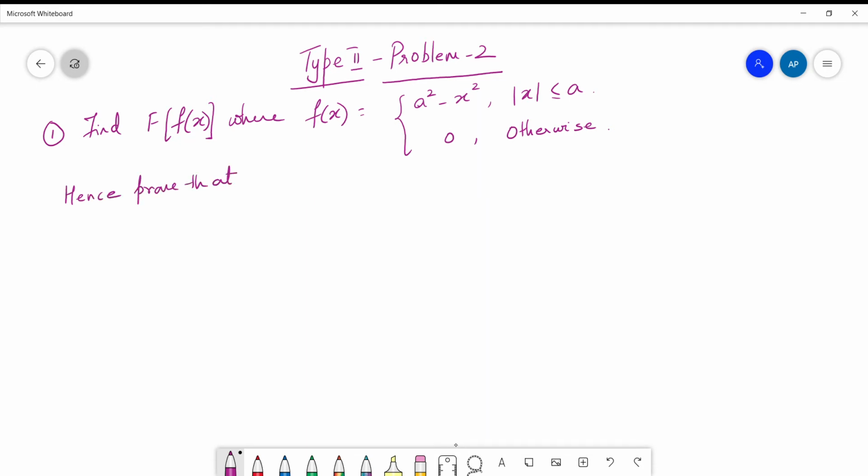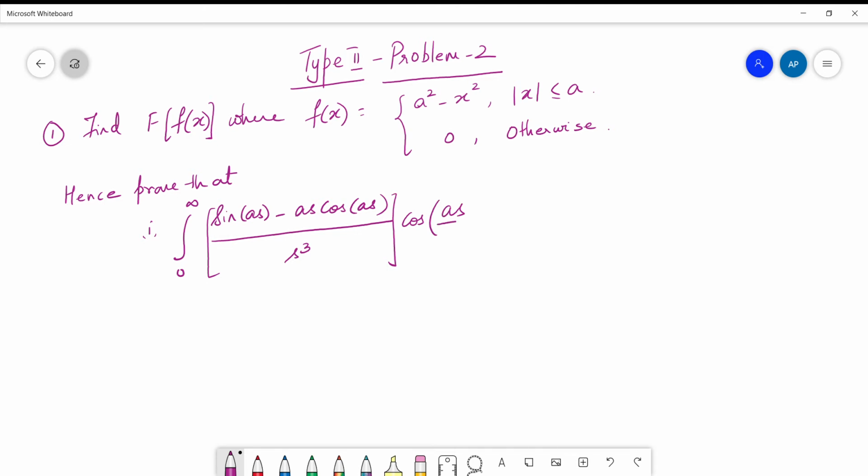Hence prove that number 1, integral 0 to infinity (sin as minus as cos as) divided by s cube, into cos of s by 2, a into s by 2 ds, is given to be 3 pi a square divided by 16. We need to prove this result.